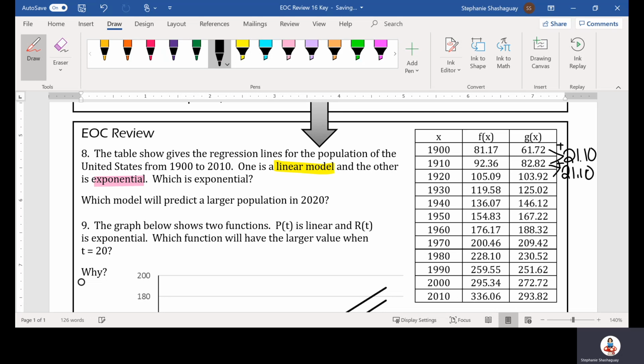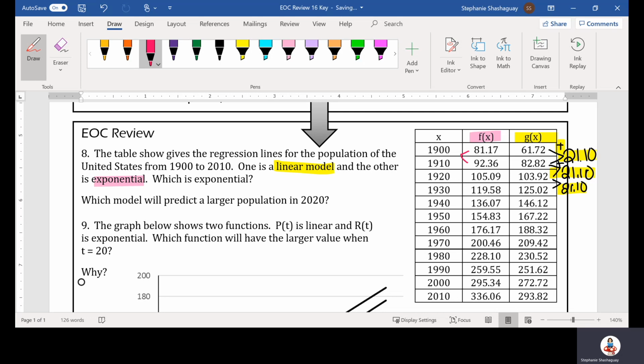So I'm adding in each one of these changes, so plus 21.10. So that tells me that my g of x is my linear function because I'm adding a constant difference. So that means that my f of x function is then going to be my exponential.